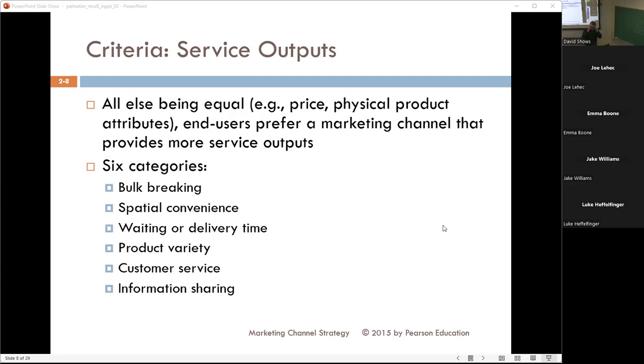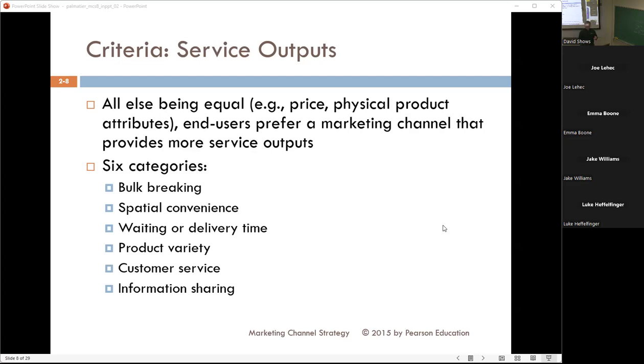Okay, so some of the basic rules. The first basic rule is, all else being equal, a level playing ground, end users prefer a marketing channel that provides more of these service outputs. I will talk about these 6 one at a time, so you don't feel like you have to be rushed to write these down.